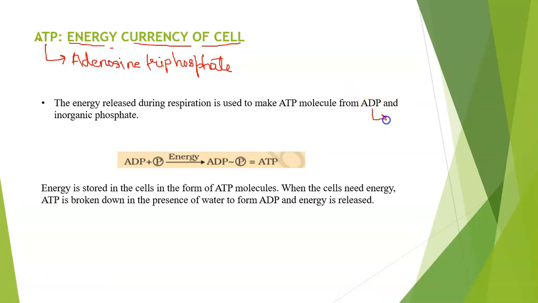This ADP is adenosine diphosphate. The difference between ADP and ATP is that in ATP there are three phosphate groups, and in ADP there are two phosphate groups.